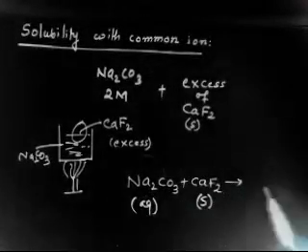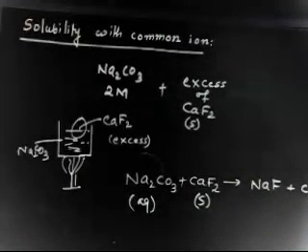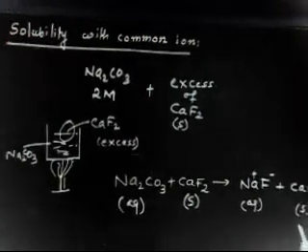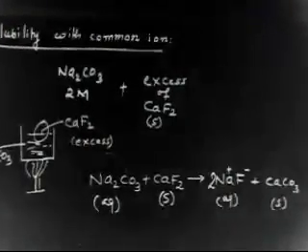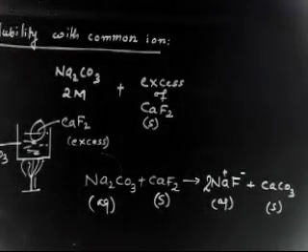So we will have NaF plus CaCO3 formed. CaCO3 is solid and NaF is aqueous, which means you will have Na plus and F minus. Now if you balance this equation, you have to multiply by 2 also. Are you getting? The question says very little amount of CaCO3 and NaF are formed.